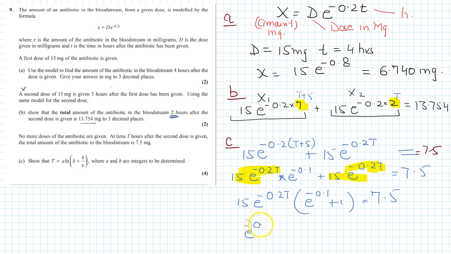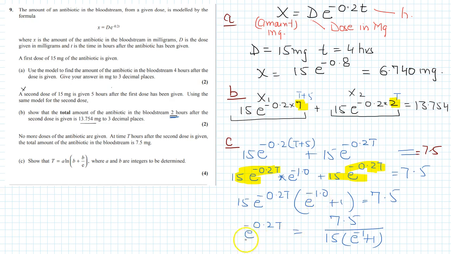So e to the power minus 0.2 t is equal to 7.5 over 15 multiply 1 over e to the power minus 1 plus 1.